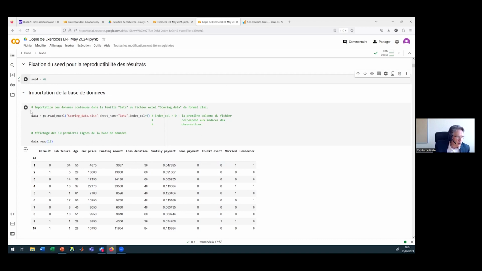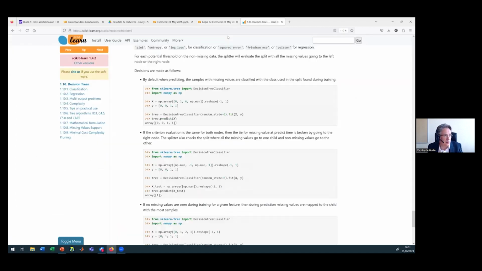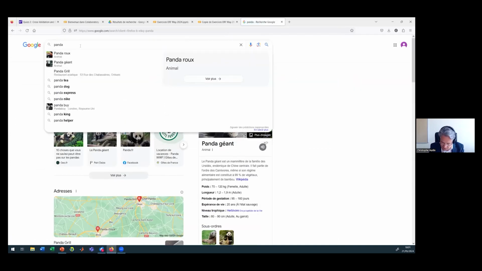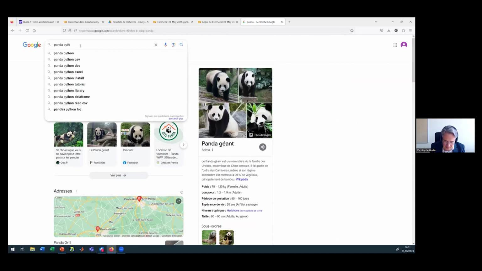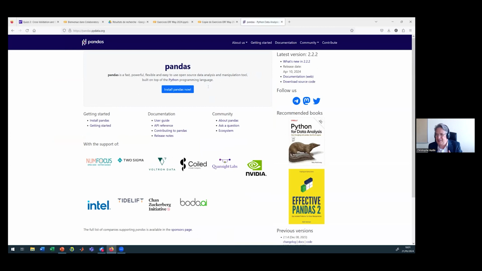Then we will use the Pandas package, and the short name for Pandas is pd, to import my Excel data file. You just have to know that. Pandas is not the animal, but Pandas for Python. It's a package, a library, just to manipulate the data, so to import data and manipulate the data in Python.